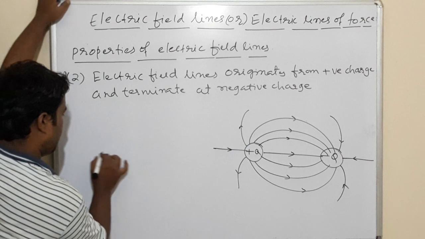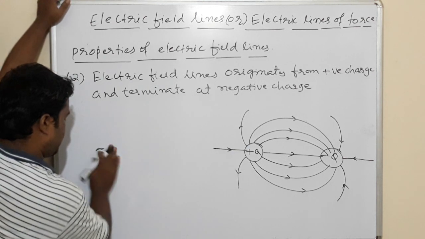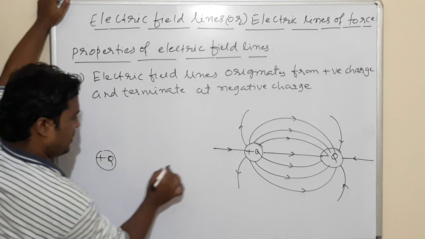Okay? If the system has two positive charges, plus q like this, and another plus q here, these two charges will be repelling each other originally.